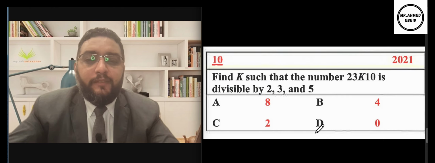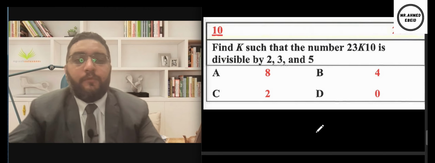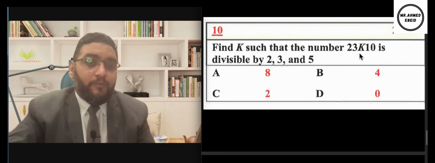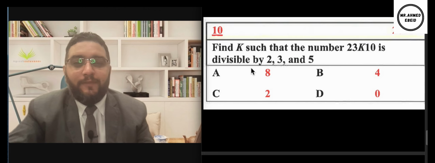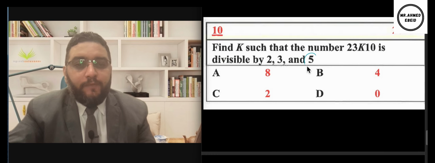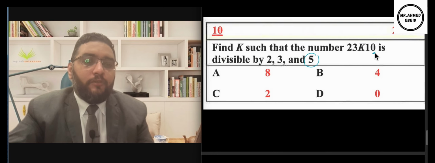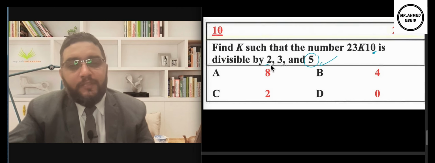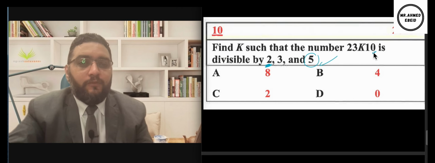Question 10. Find k such that the number 23k10 is divisible by 2, 3, and 5. Okay, to be divisible by 5, the units digit must be equal to 0 or 5. So this is satisfied. And also this is even, so it is divisible by 2. So this is satisfied.